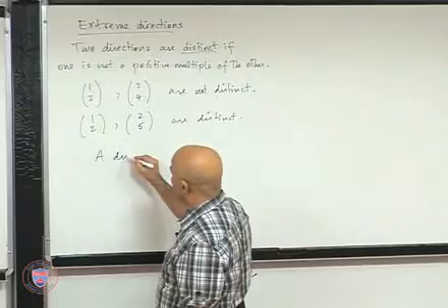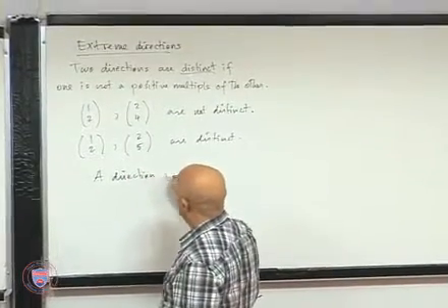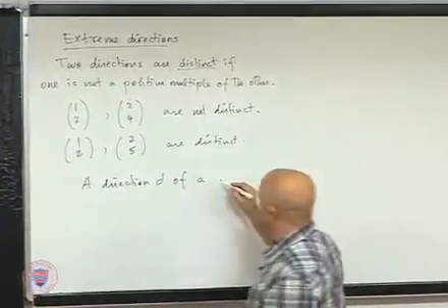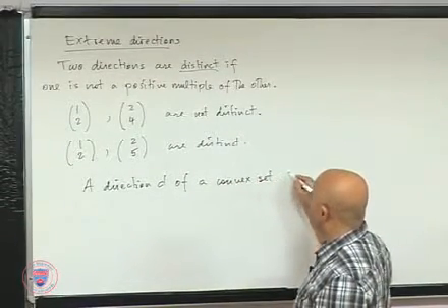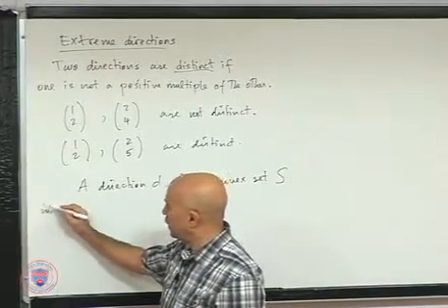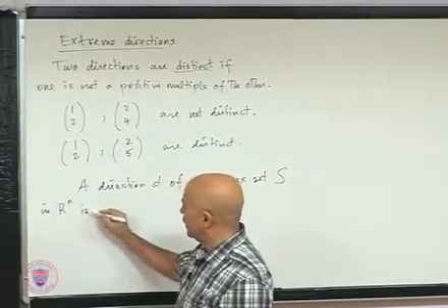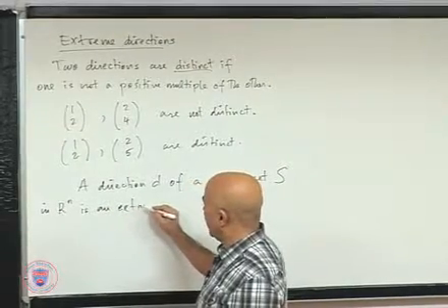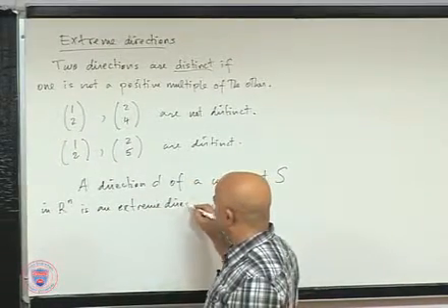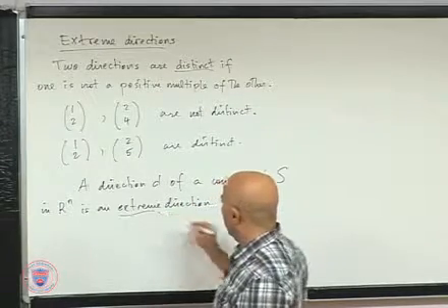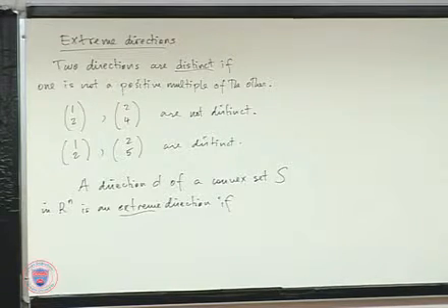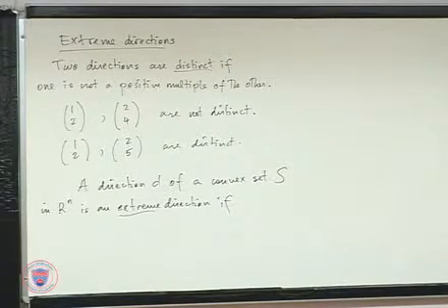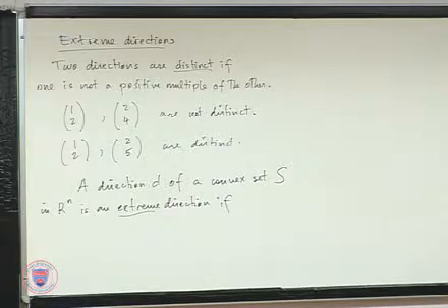A direction D of a polyhedral set or a convex set S in Rn is an extreme direction if D cannot be expressed as a positive linear combination of two distinct directions of the same set.